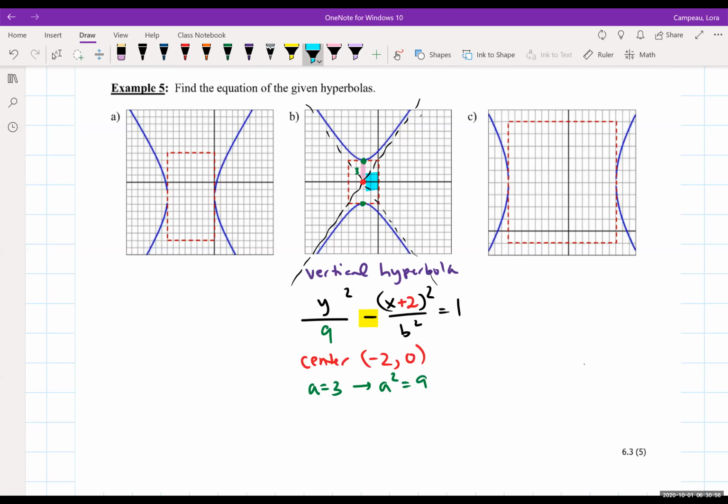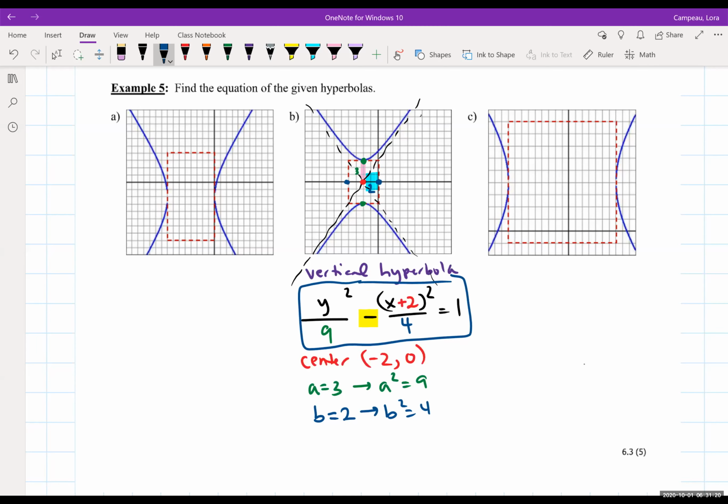You'll see that there are 2 units from the center to the edge of that box in both directions. So that's telling me B is 2, which means B squared should be 4. So I can now replace this. And I've got my center, I've got my A and B, and that's all we needed for this equation of the vertical hyperbola.